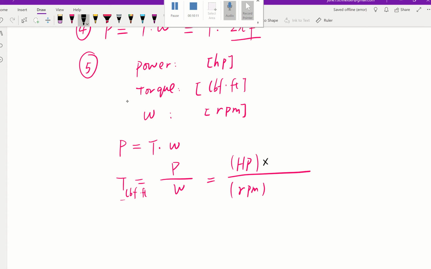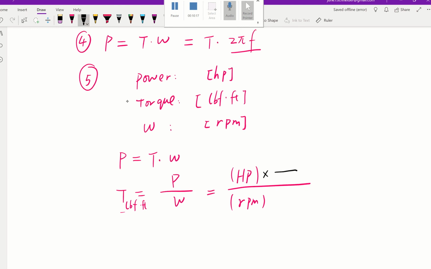One thing we need to know: for this unit to work for the US system, the base unit for power will be what? Pound-foot per second. Because why? Because pound-foot, that's energy.